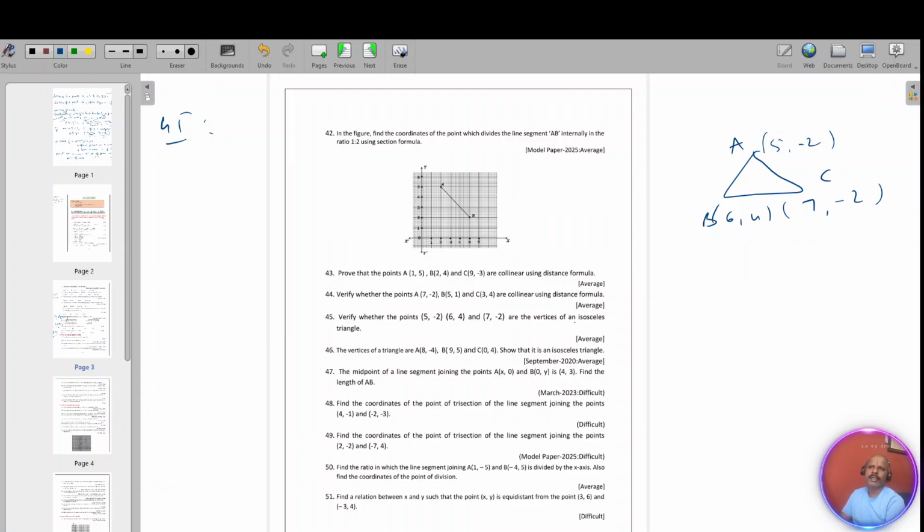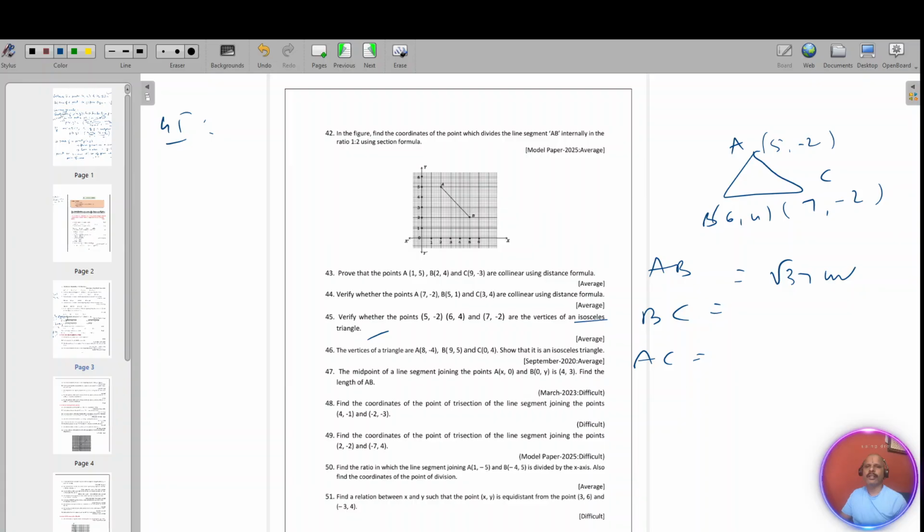For an isosceles triangle, you know two sides should be equal. You find AB, you find BC, you find AC. Check whether any two of these three values are equal. If they are equal, say that the given points form an isosceles triangle. So AB is how much? If you find, it is root 37 units, and BC is also root 37 units, and that's enough.